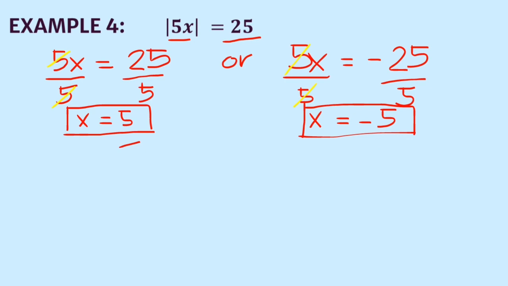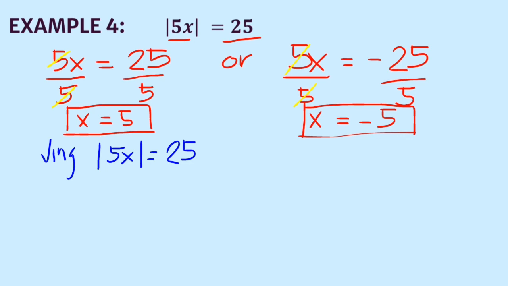Let's check by doing the checking. Okay, let's have blue color. Checking. Okay, in doing the checking, we have to what? Copy the original equation, which is the absolute value of 5x is equal to 25.